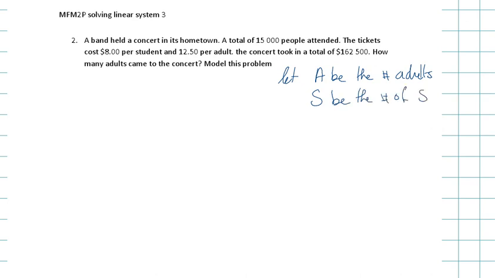So let's read the first sentence again. A total of 15,000 people attended. So how can I write an equation for that? Only adults attended? So I have adults and students attended to make 15,000.